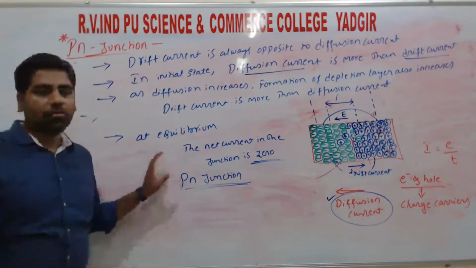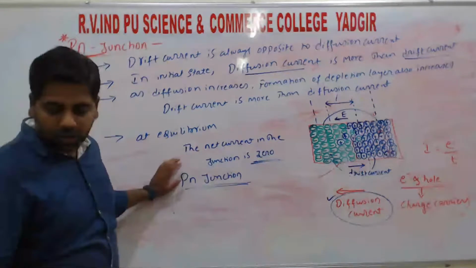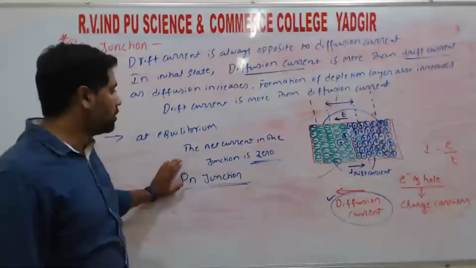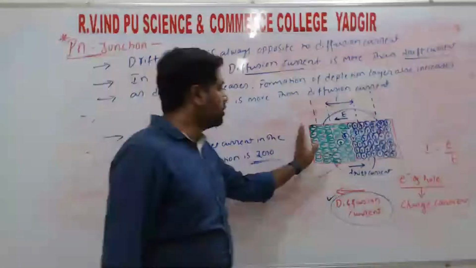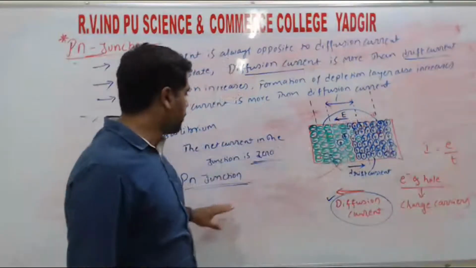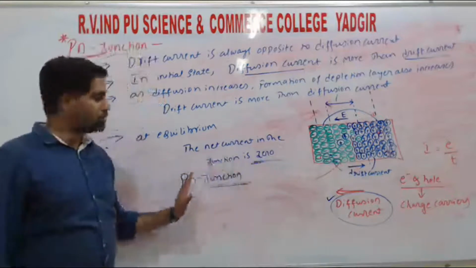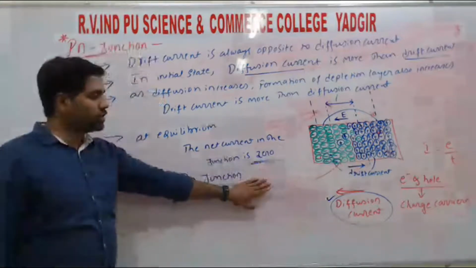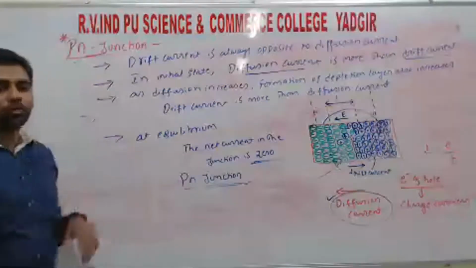Finally, the net current across this junction is 0, and hence that one is the PN junction.